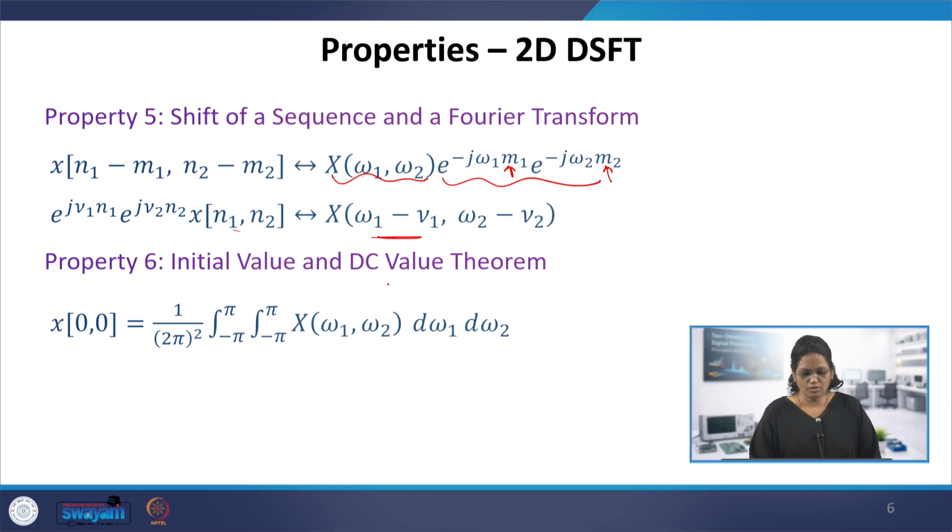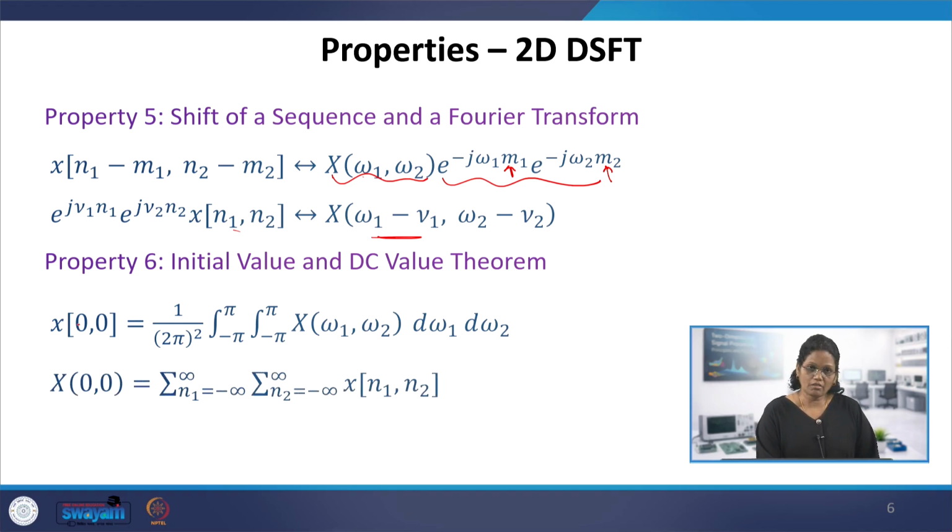Also the initial value and DC value theorem we can get from the 2D spectrum. Can we get the initial value, the (0, 0) value of the time domain sequence? That can be obtained by integrating it over minus pi to plus pi with respect to omega 1 and omega 2. This is the initial value.